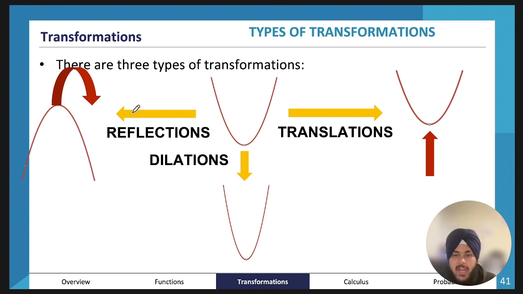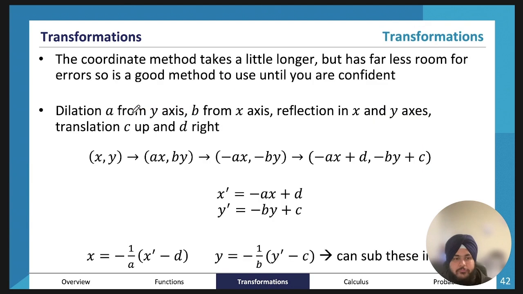This could have a variety of uses in terms of using maths for modeling, for example. There are quite a few methods for doing the transformations. I personally use the coordinate method. The coordinate method will take a little bit longer, but you can be 100% confident that if you've done all the steps correctly, you will get to your correct answer.